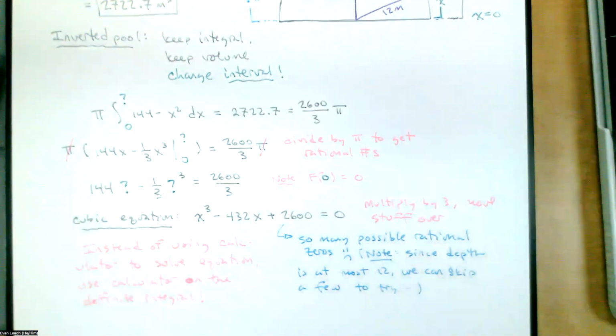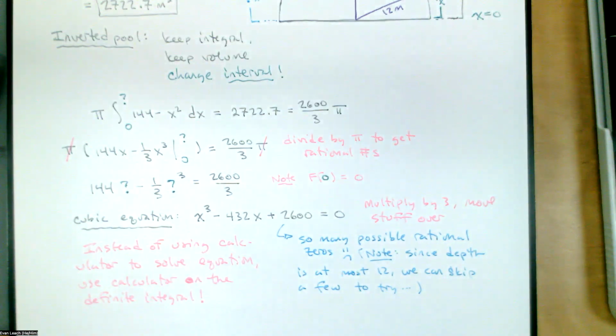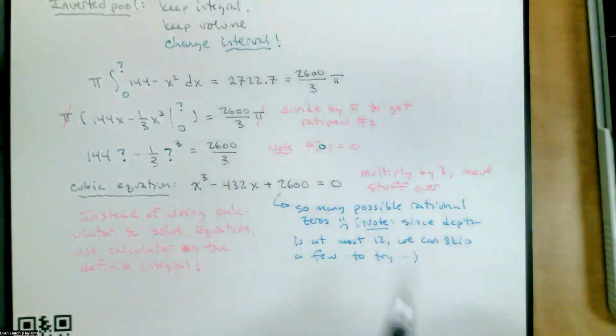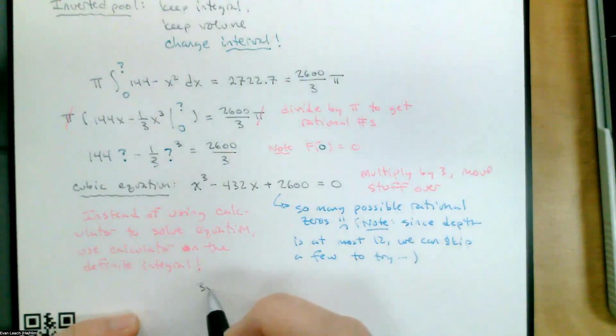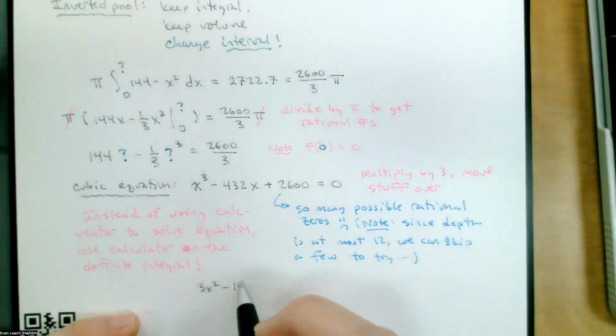There's a few zeros that we don't have to worry about, depending on the shape of the graph. We could do more derivative analysis to find out how many turns this graph makes. Actually, that's kind of a neat question. If I take the derivative here, I get 3x squared minus 432.